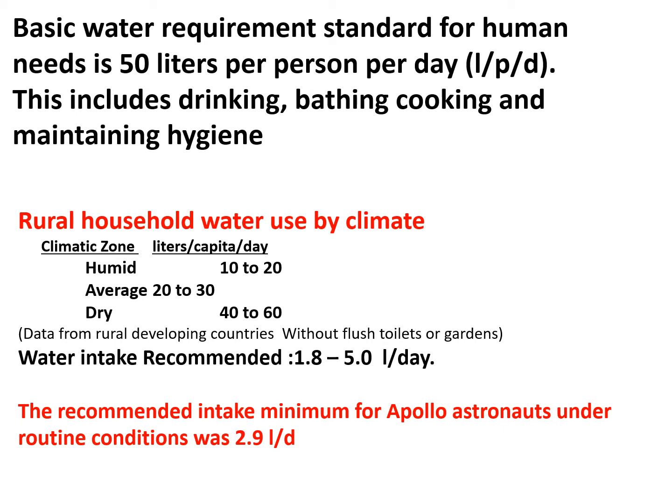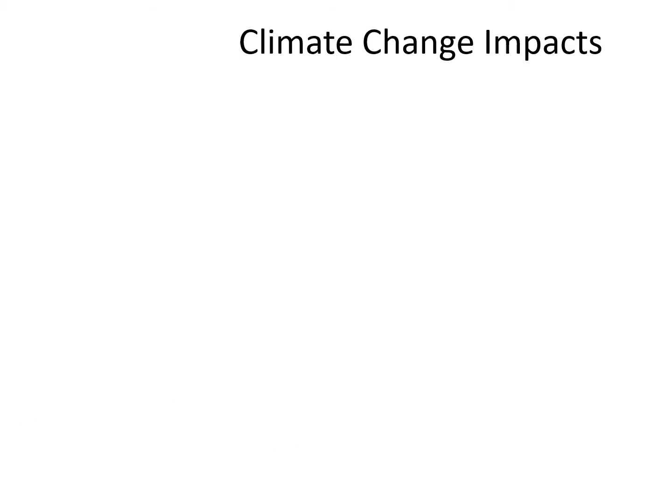So, then rural household water use by climate, and then we have some water intake recommended here. The recommended intake minimum under routine conditions was 2.9 liters per day. So this was just for your information about the general requirements of a human body about the water.